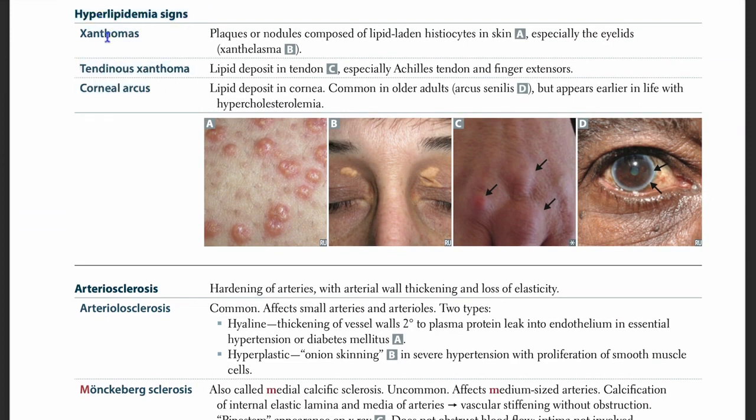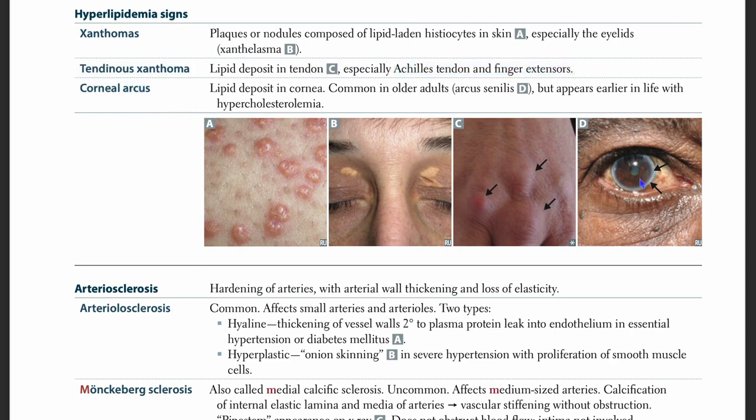So, hyperlipidemia signs: xanthomas, plaques or nodules composed of lipid-laden histiocytes in skin. Okay, like that, especially the eyelids. These are called xanthomas. Tendinous xanthoma, lipid deposition in tendons, especially Achilles tendon and finger extensors. Then you have corneal arcus.